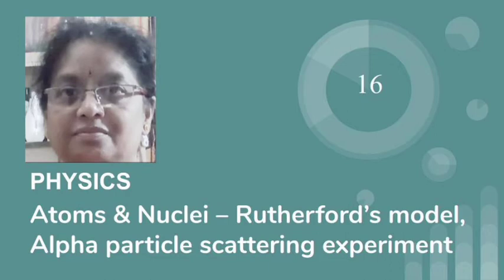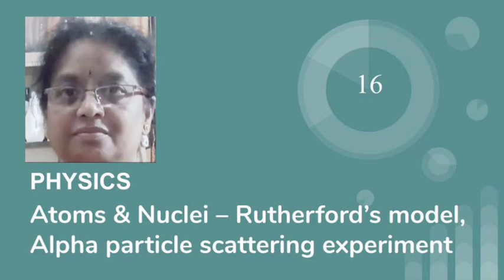An alpha particle is 7,000 times more massive than an electron, and in this experiment the alpha particle moves at high speed. Therefore, very strong forces alone could have deflected them through large angles. This fact led Rutherford to postulate that the entire positive charge of the atom must be concentrated in a tiny central core of the atom, which was termed the atomic nucleus.